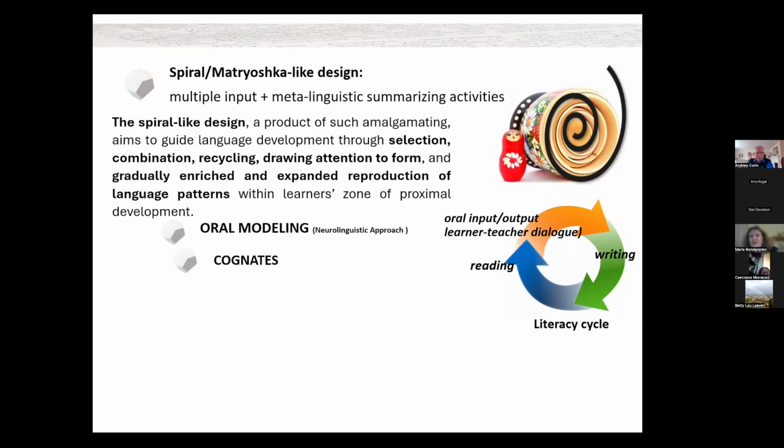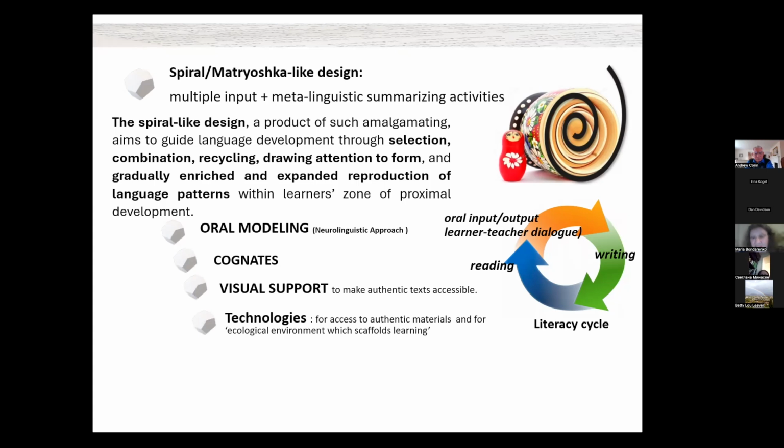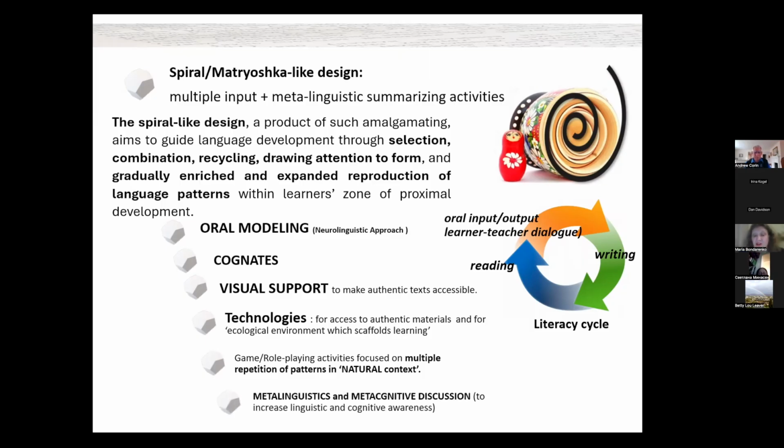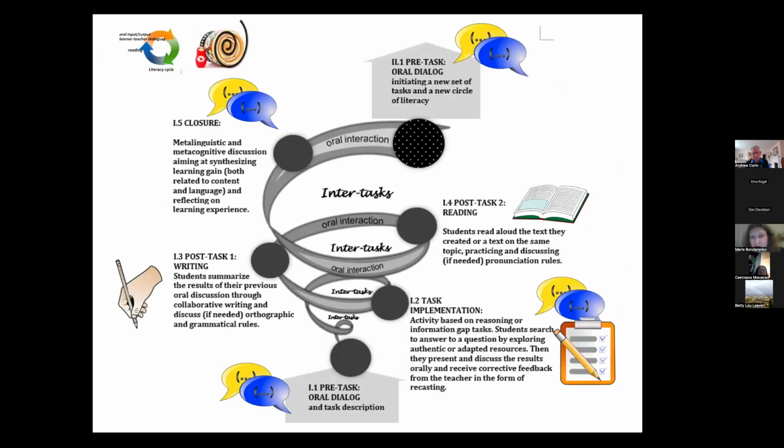And some additional features, such as the usage of cognates, visual support to make authentic text accessible, technology for access to authentic material, and also different activities based on multiple repetition of patterns in natural context, and of course metalinguistic and metacognitive discussion to increase linguistic and cognitive awareness of learners.